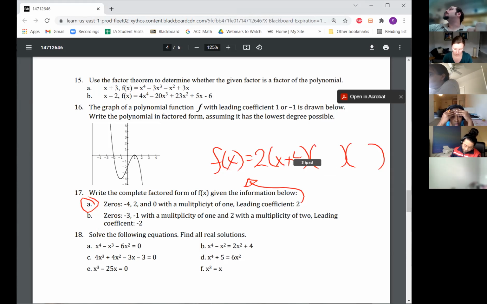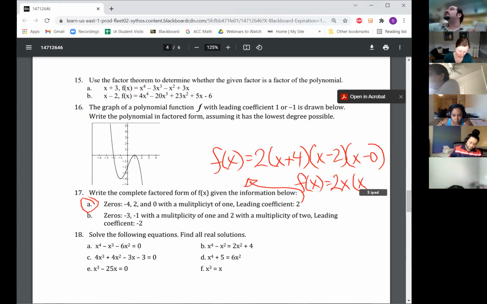Yep, good. x minus 2. x minus 0. Yep, awesome, which you can rewrite as just x. So I'll rewrite this so you can see the simplified form: x plus 4 and x minus 2. That's the simplified form because x minus 0 is just x.